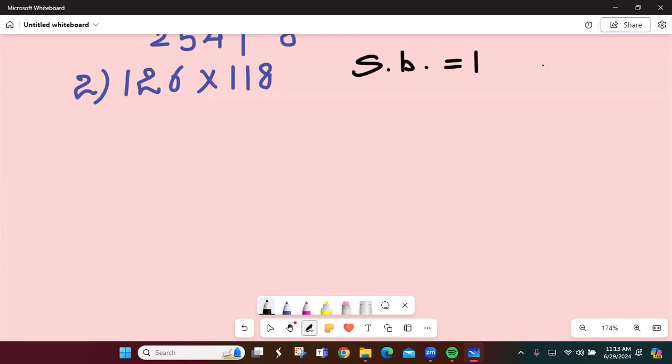In such cases, I will come one power down. 100 is not a suitable standard base, so one power down I am coming, that is 10. Okay, and now what is the multiple of 10 that is closer to both these numbers? That is obviously 120. So for this problem, I'll take the non-standard base as 120.